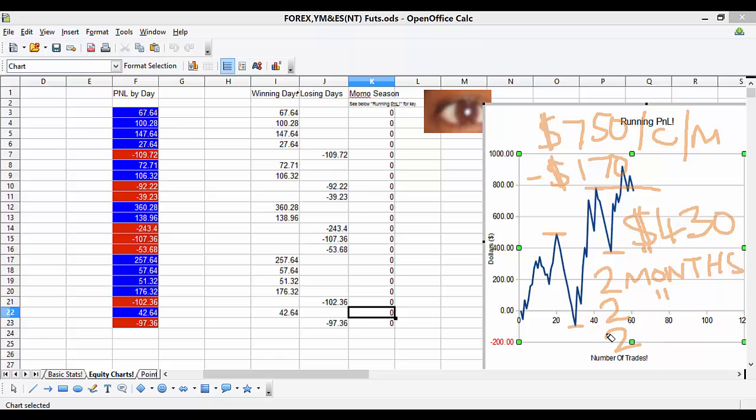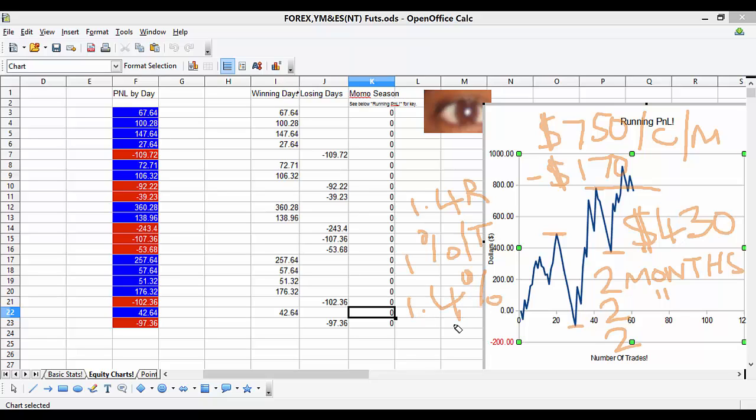But I'm not going to turn my nose up at what I've been able to accomplish so far, because, for example, this week we've made 1.4 times our risk on 8 trades. If we were to risk 1% per trade, then this week we would have made 1.4%.